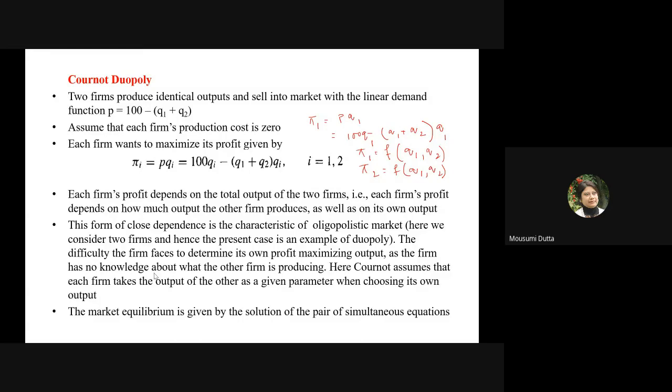So here Cournot assumes that each firm takes the output of the other as a given parameter when choosing its own output. Okay, so I'm considering your output as a given parameter to me, and with respect to that you can produce this amount or that amount, a range I am thinking about. If you produce this amount, I'll produce this.